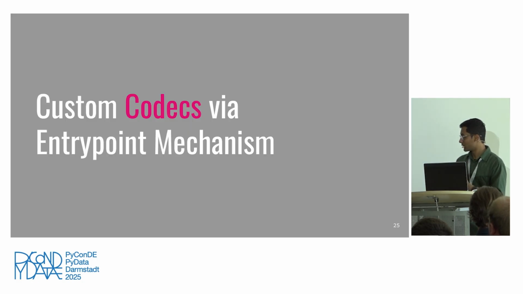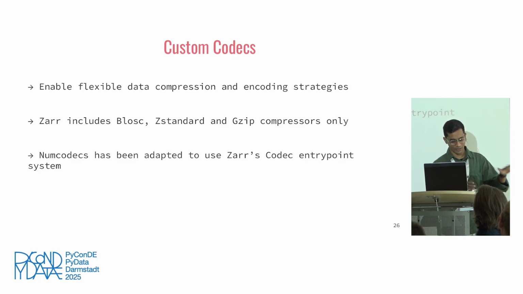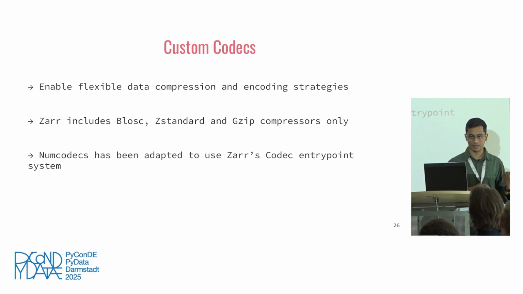The other important part was to add custom codecs via an entry point mechanism. Previously there was this library numcodecs, a dependency for Zarr, which enabled you to use 20 compressors. And it was fine because it was not in the Zarr Python code base, but we wanted to enable users to add their own codecs. So we enabled this entry point mechanism, which lets users add new custom codecs, and we included the most used and important codecs in Zarr Python.